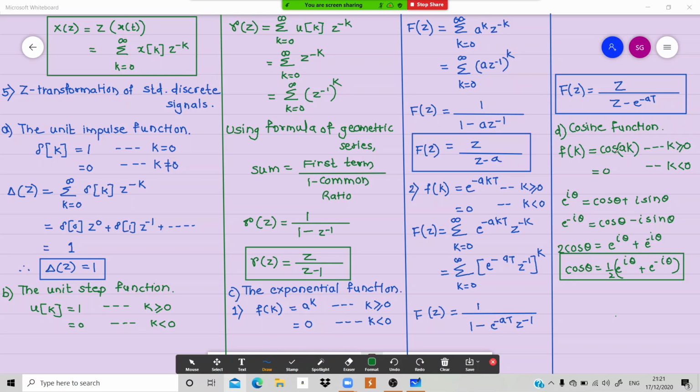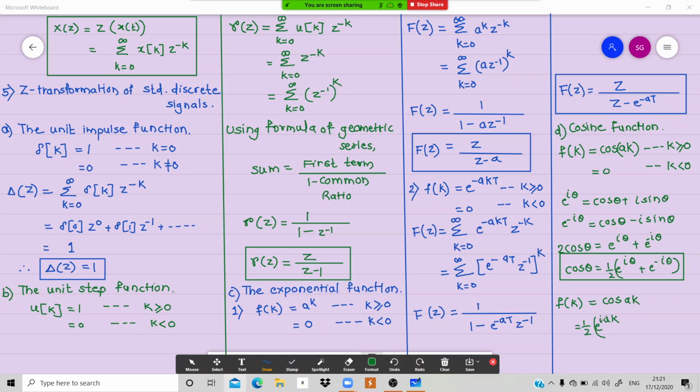So whatever function we are having, I want to write it in these terms because it will get converted into the exponential term and will be easy for us to write the Z transform of this, right? So f of k is equal to cos of ak, which is equal to half e raised to jak.